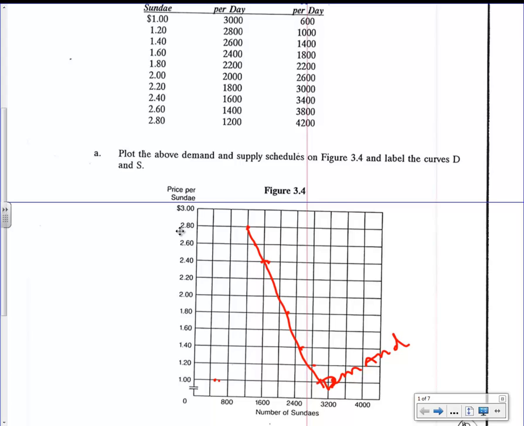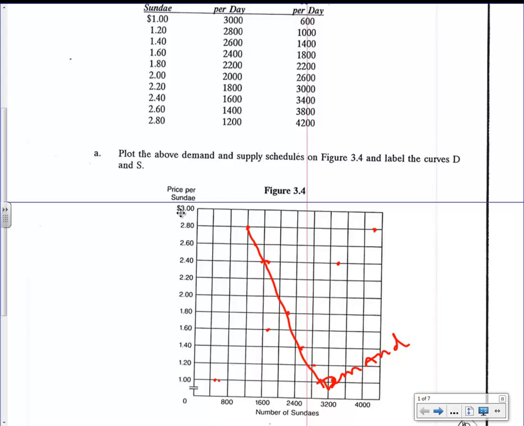When it's $1.80, we have 2,200. Then I'm going to go on up to $2.40, and we have 3,400. And at $2.80, we have 4,200.